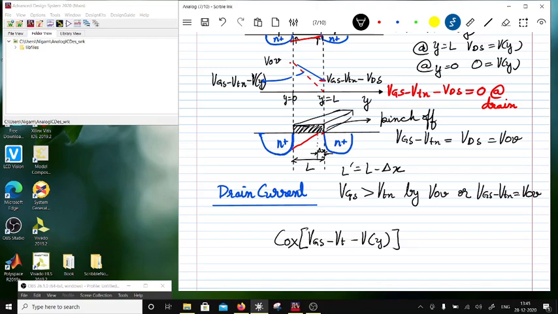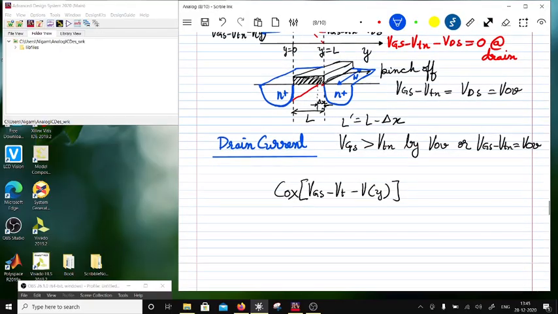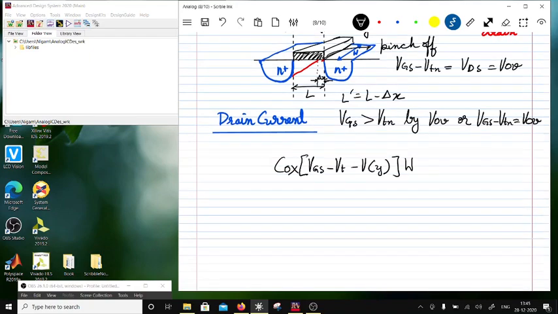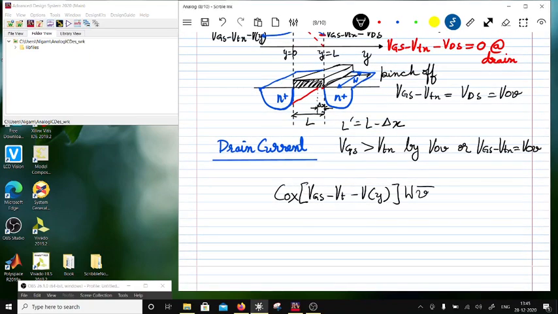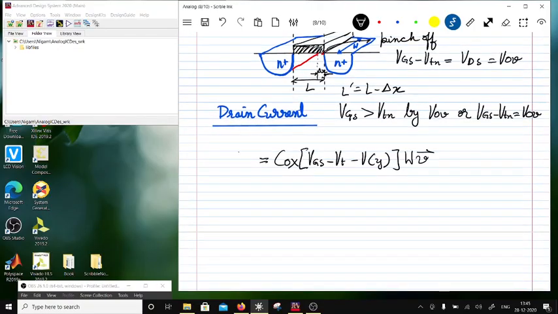Okay, so in 3D the device would look like that. So this dimension is called the width, right? So the total charge times the width times the velocity would be equal to the current ID.